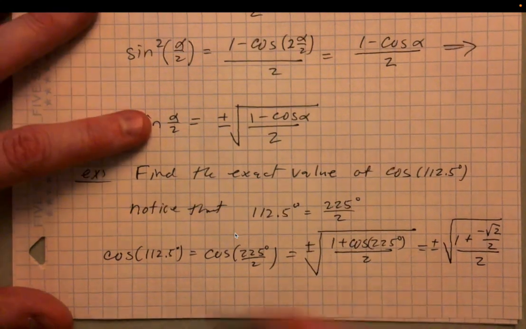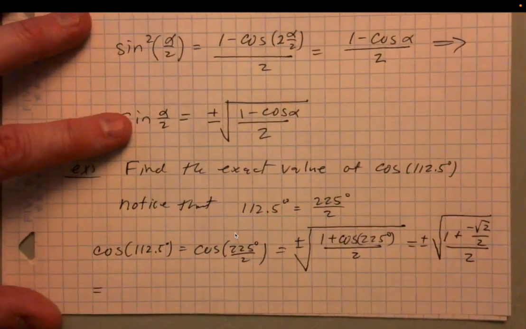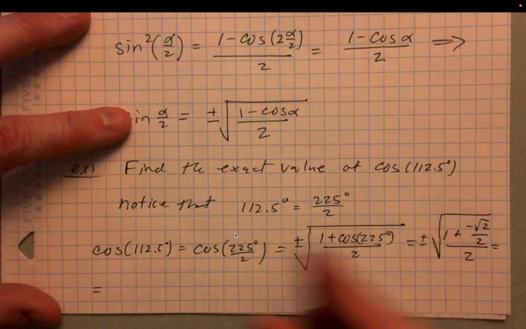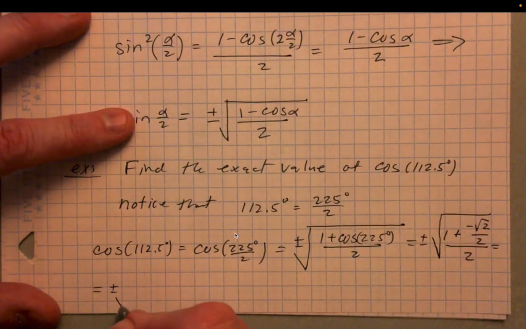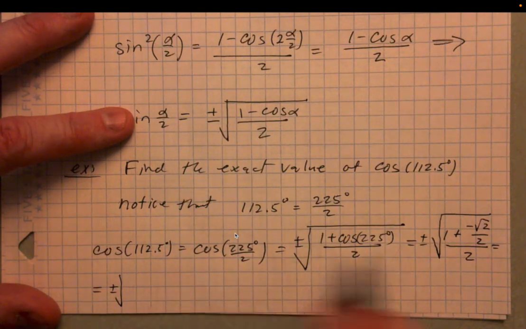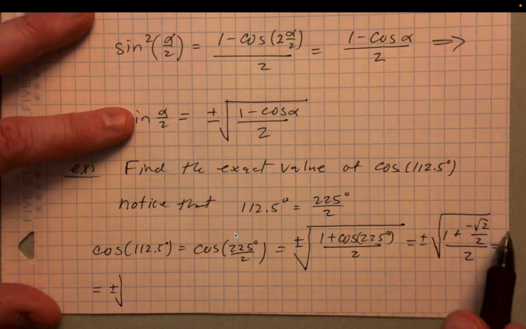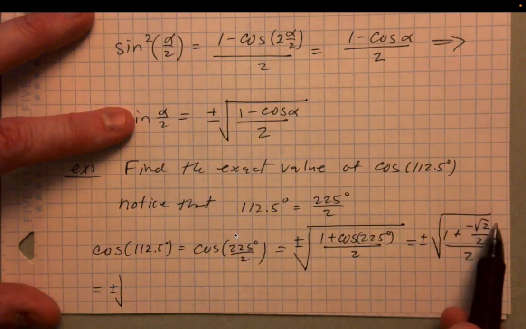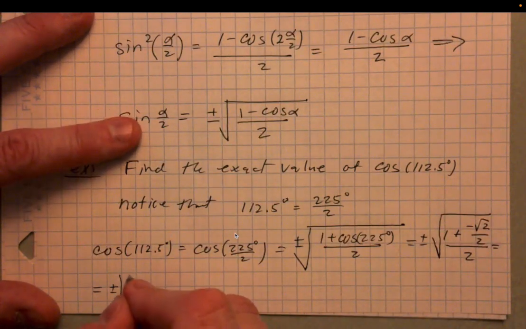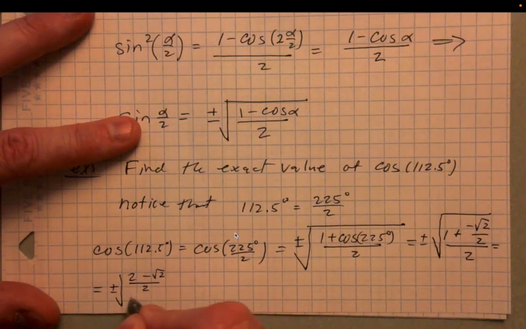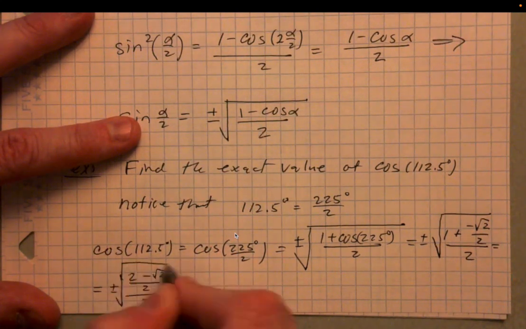Okay, and we could just do some simplifying here. That can be simplified, and what would we say? We would say that's equal to plus or minus the square root of, getting a common denominator up top, (2 minus the square root of 2 over 2) all over 2.